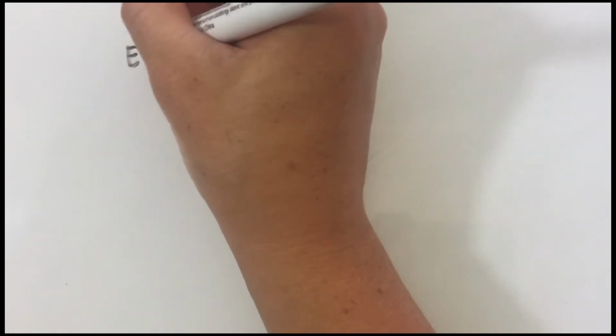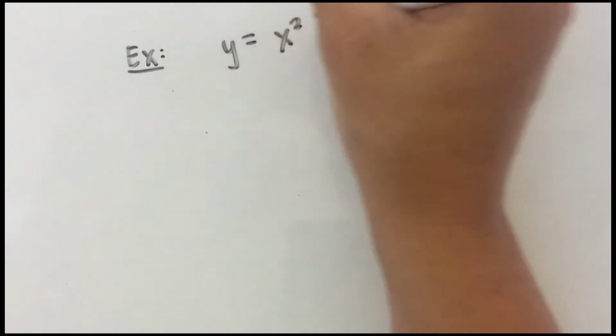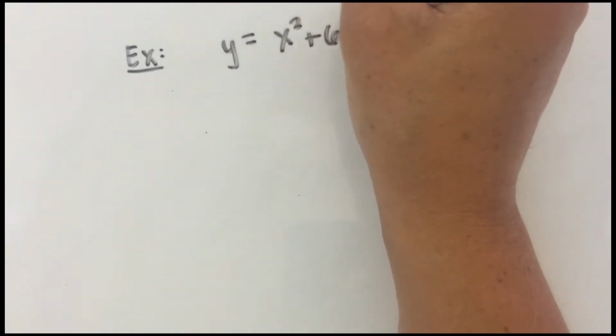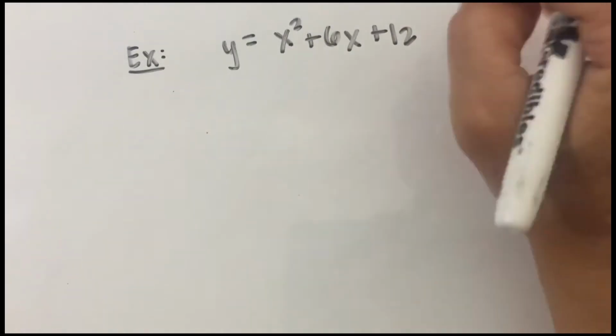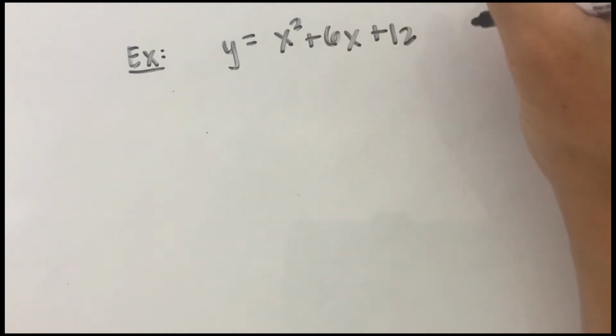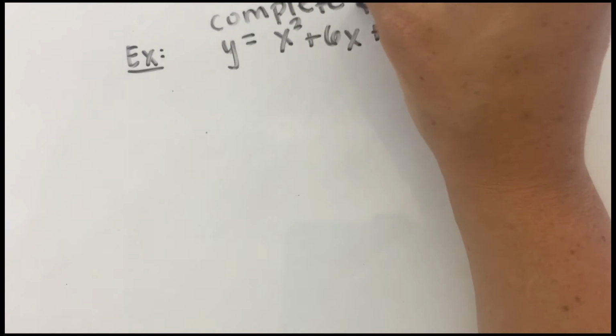For my first example, I have y equals x squared plus 6x plus 12, and I want to get this into vertex form. So the equation is asking me to complete the square.